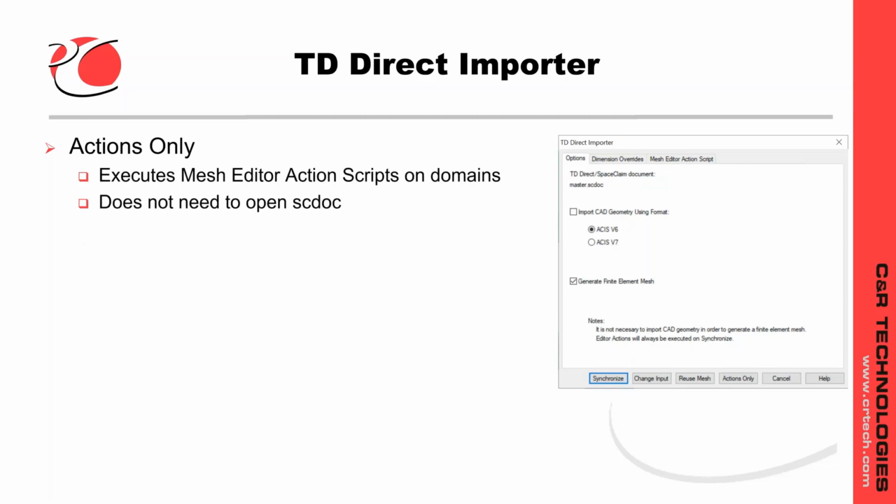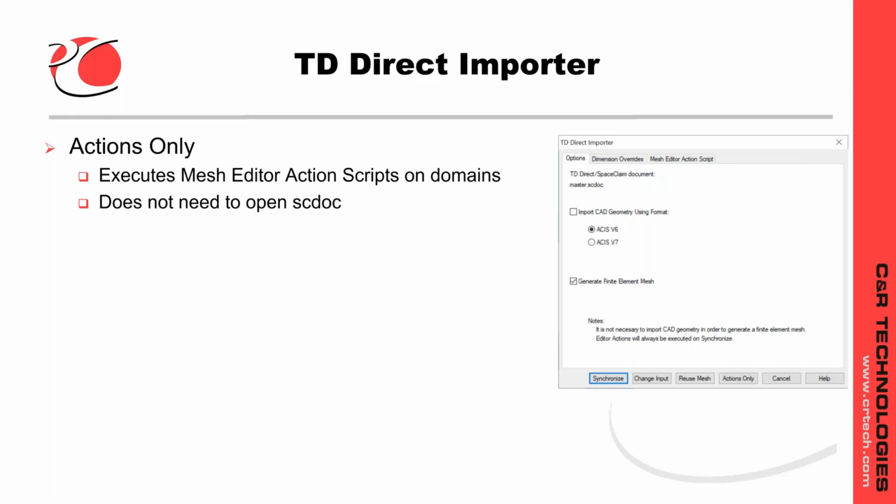We also have the actions only button, and this will execute any mesh editor action scripts on domains. It does not need to open the SC doc at all. So whereas in 6.0, if you realized that you wanted to set a section of your model to a boundary condition and you didn't have a domain there, you would first have to add the domain, synchronize to get a full mesh, create the mesh editor action scripts on that domain, and then synchronize again.